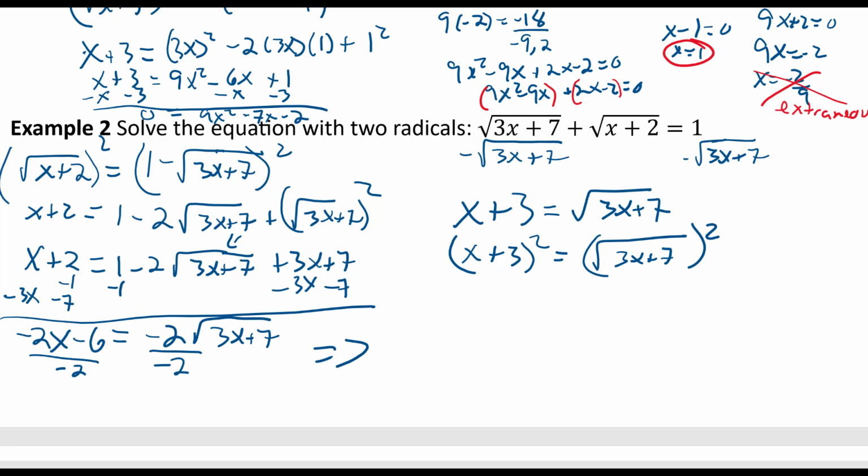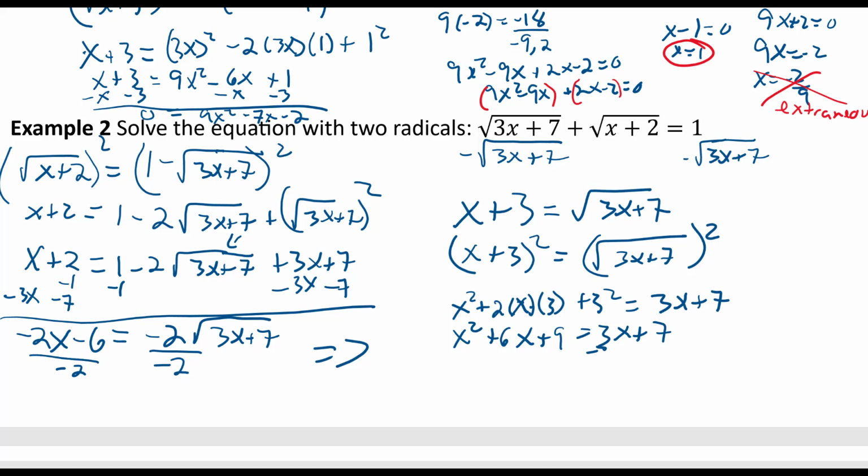So this left side is a binomial squared: x squared plus 2 times x times 3 plus 3 squared equals the square root of 3x plus 7 squared, which is just 3x plus 7. So we have x squared plus 6x plus 9 equals 3x plus 7. Subtract 3x from both sides.